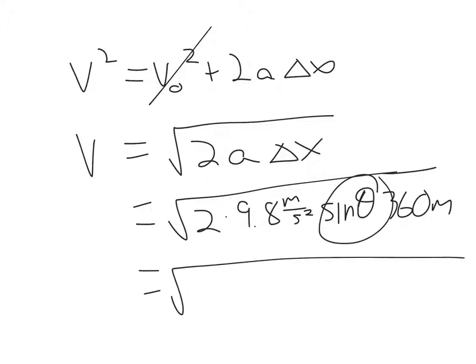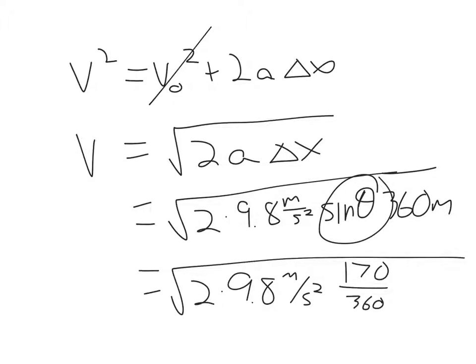Square root of 2 times 9.8 meters per second squared times 170 over 360 times 360. Hey, that's going to make things easy, isn't it? Because the 360 will cancel. There was a meters there as well.